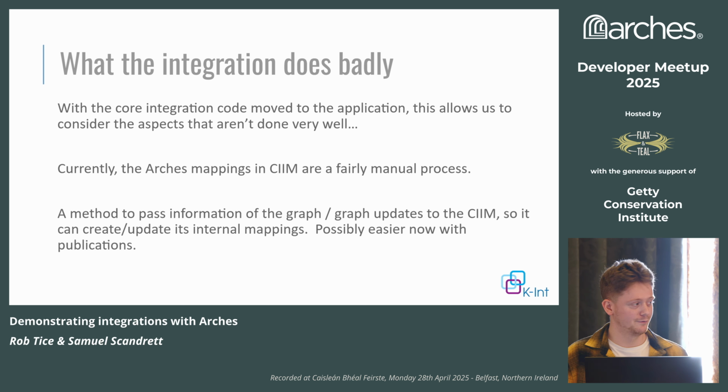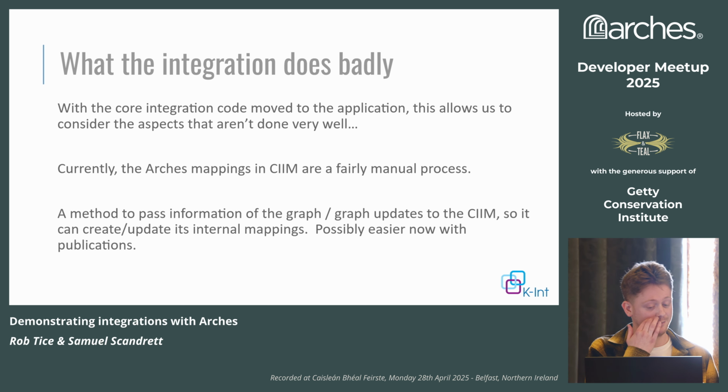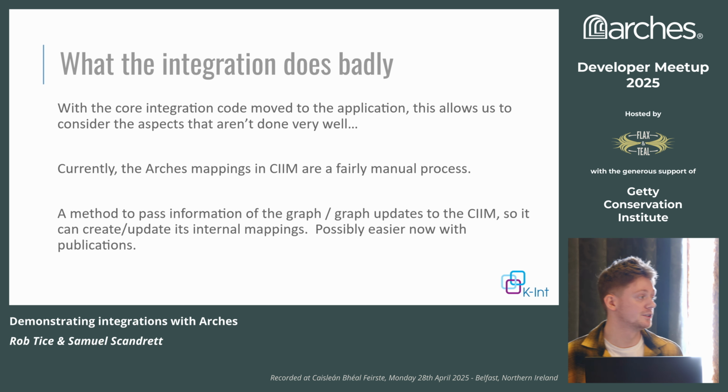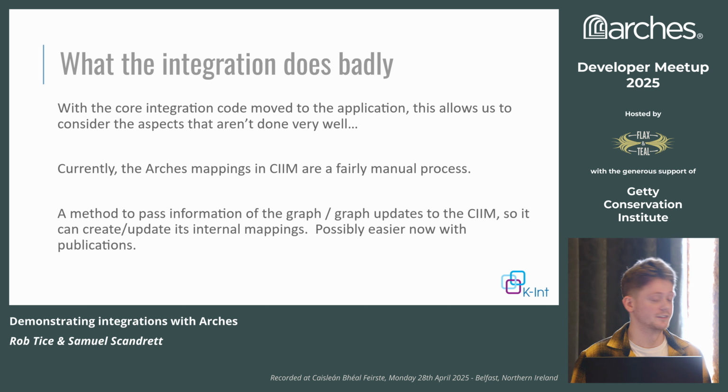Even more so if you have to make graph changes, or if somehow the node IDs in your graph change, then you're a bit stuck because you have to rewrite everything, which is why I say upgrading's a bit scary. If you're just doing simple upgrades, it's fine, but with major versions, you don't want to break anything. So we'd quite like a new API or some method to pass this information directly to the sim, so if anything has changed, the sim can know and update it.